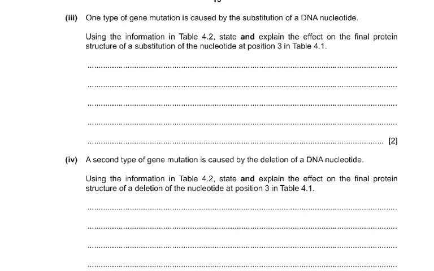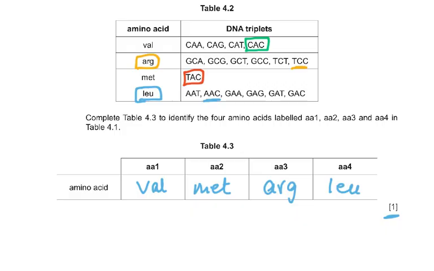Now it says in part 3, one type of gene mutation is caused by the substitution of a DNA nucleotide. Using the information in table 4.2, state and explain the effect on the final protein structure of a substitution of the nucleotide at position 3 in table 4.1. Now let's look at position 3 in table 4.1.